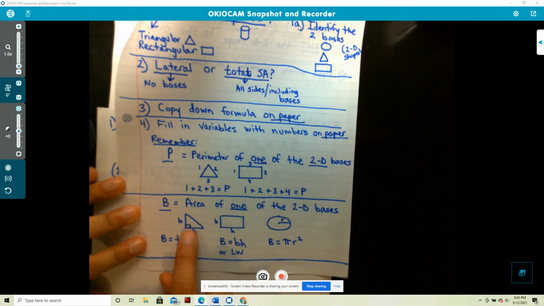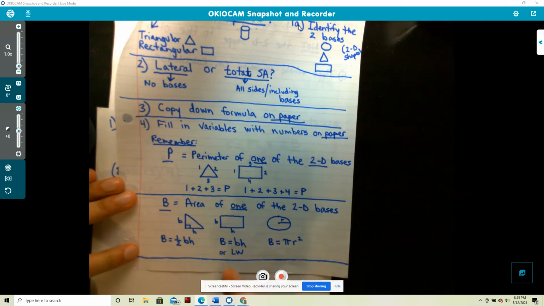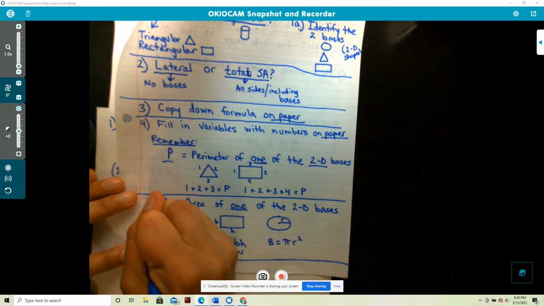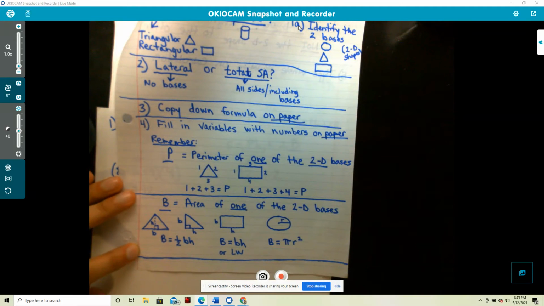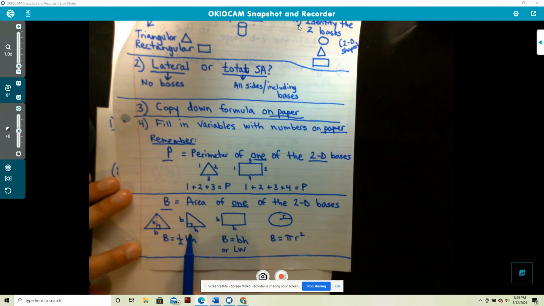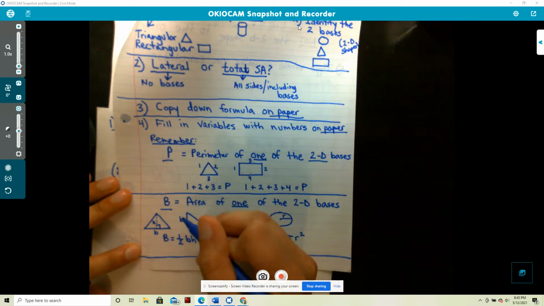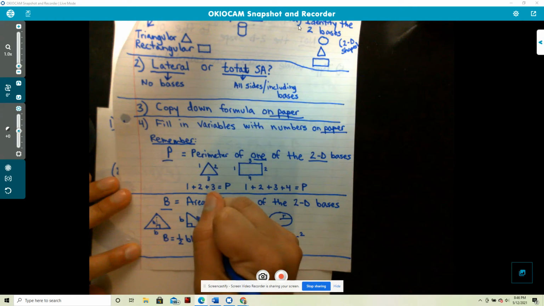So we're dealing with a triangular prism. So that means that I'm going to do another triangle here as an example, because sometimes you'll get two different types of triangles. So whenever you have a right triangle, the two legs, so remember this is the hypotenuse.